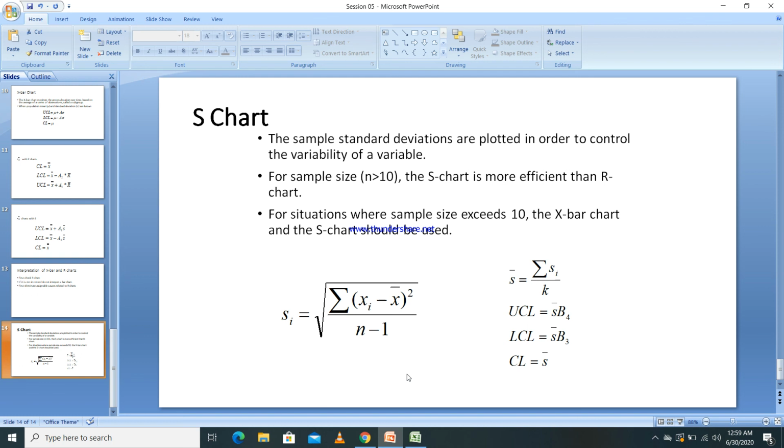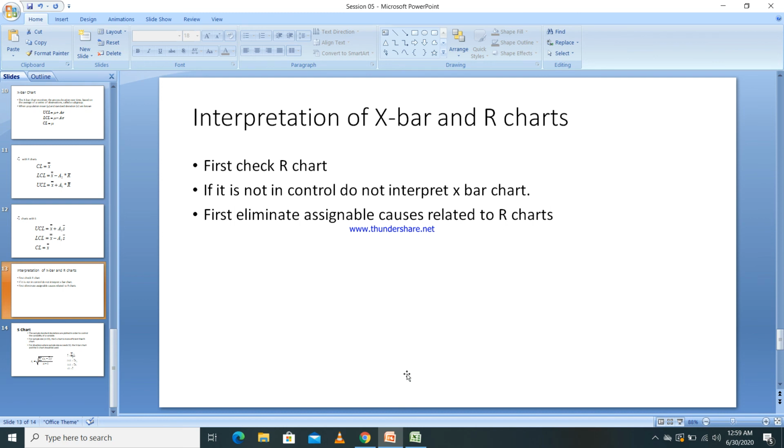So when the sample size exceeds 10, we use the X bar chart together with the S chart. And if the sample size is less than 10, we use the X bar chart together with the R chart, right? As I told you, when you use the S chart and the R chart, first you have to construct the S chart and R chart, and then check whether your process is in control or out of control.